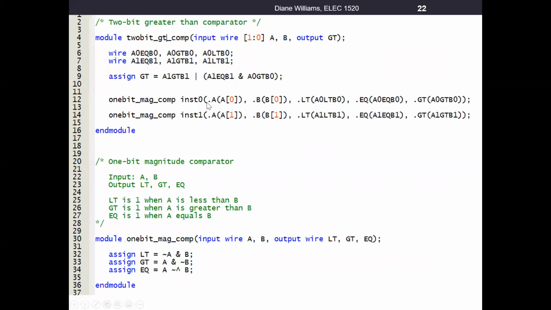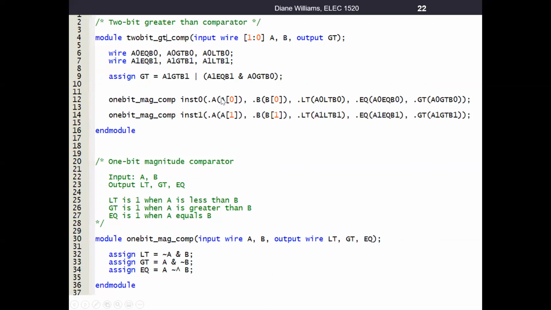Then inside the port list, we have to say what we want to connect. Inside these parentheses, we're using named connection. Every signal right after the dot, those signal names all refer to the signal names in the 1-bit magnitude comparator. The signal names inside the parentheses refer to the signal names within this module.